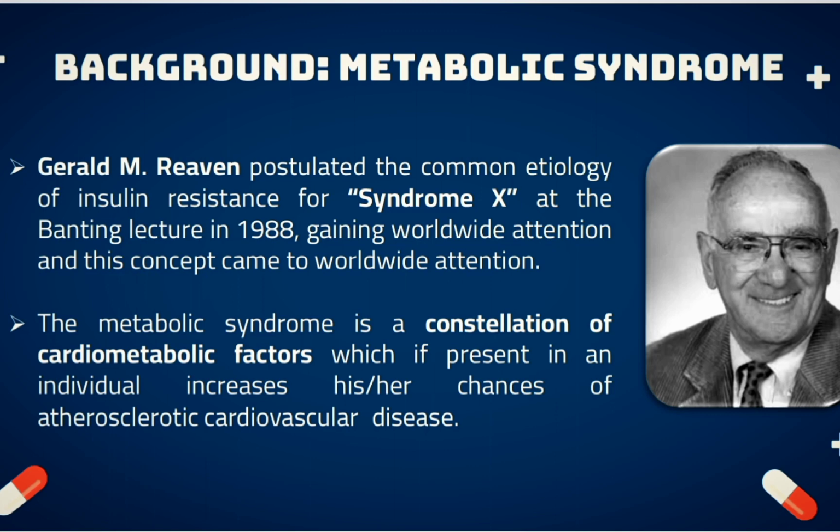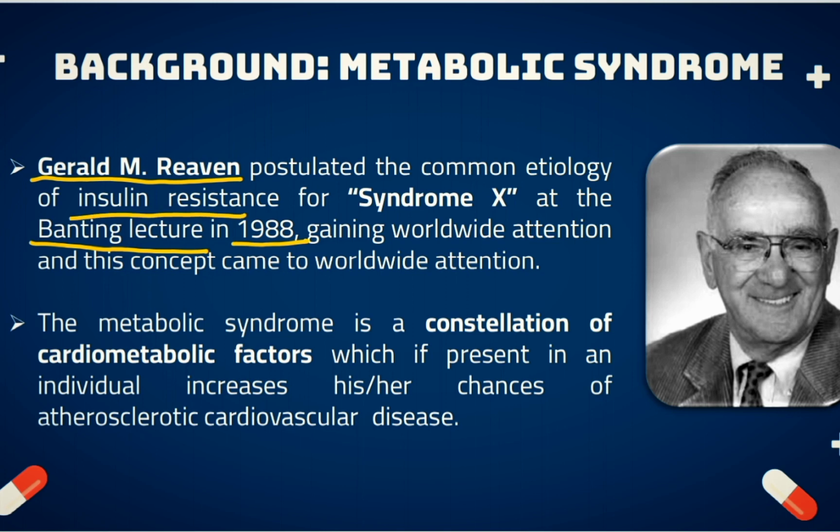Let's see the background of the development of this metabolic syndrome. So in 1988, for the first time, Gerald M. Reaven, during the Banting lecture, introduced this concept of metabolic syndrome to the world, and he postulated the common etiology of insulin resistance for syndrome X. He also conveyed that metabolic syndrome is a constellation of cardiometabolic factors, and all these cardiometabolic factors, if they are present in an individual, can increase his chances of atherosclerotic cardiovascular diseases.